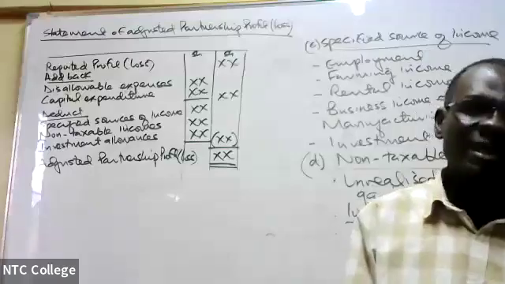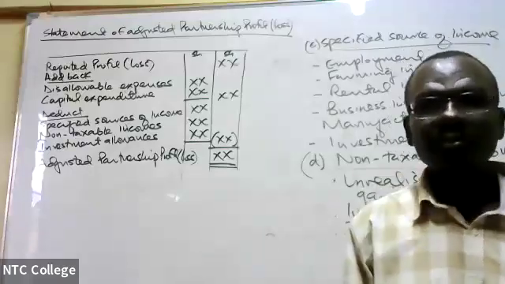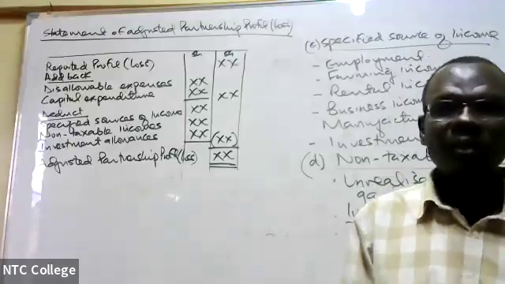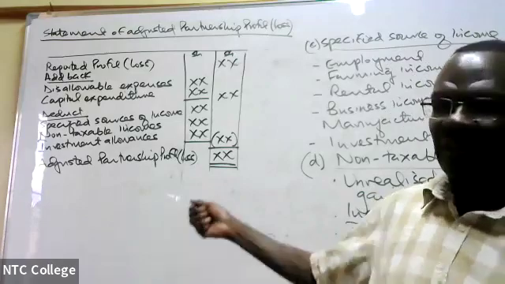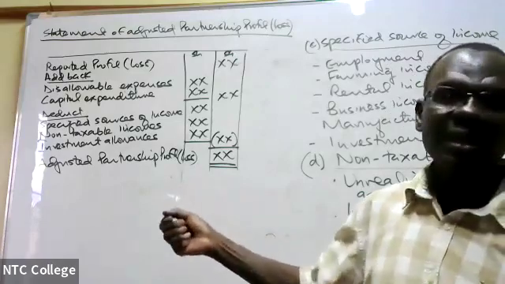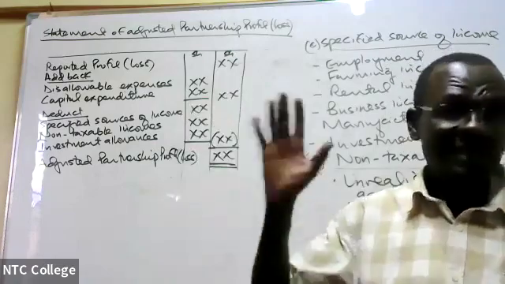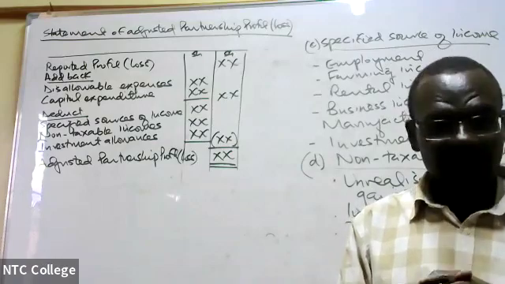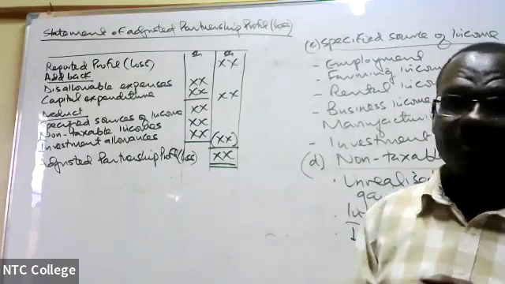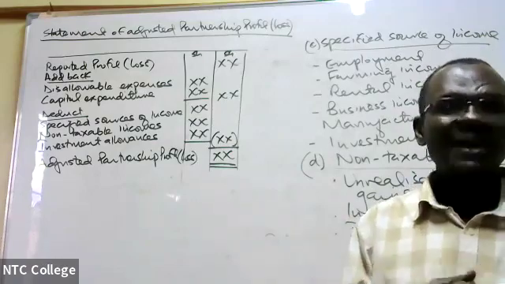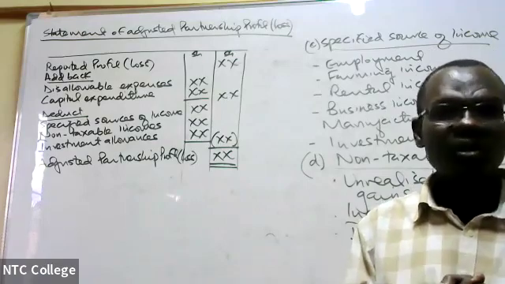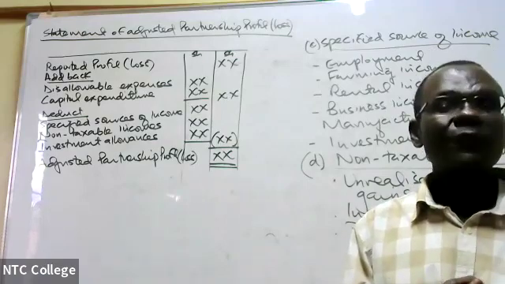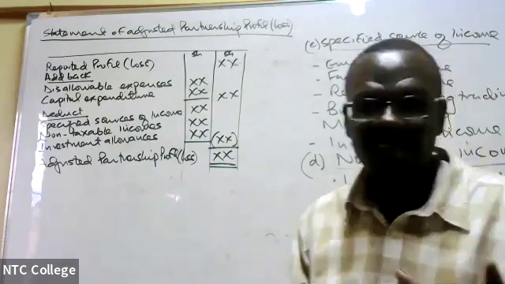Maybe for accounting, it's a business, but legally it doesn't exist. So this has to be shared among the partners in their profit or loss sharing ratio. And for us to do that, you have to prepare another statement.